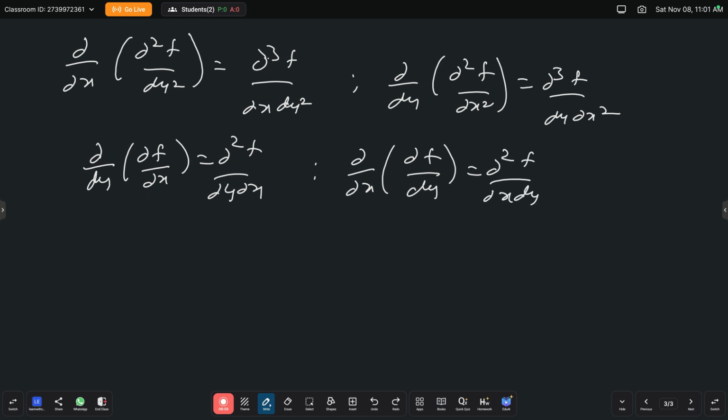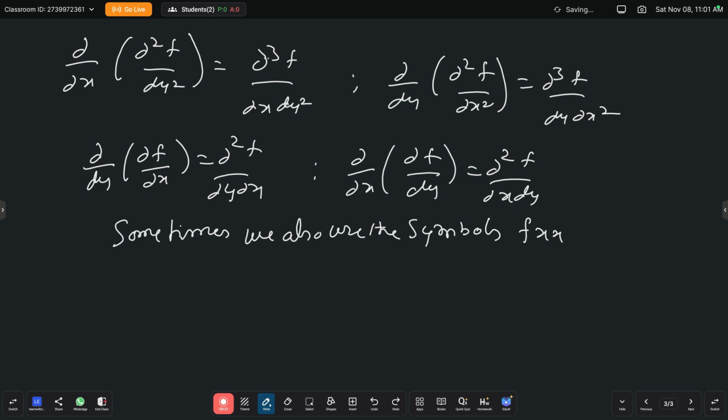So sometimes we also use the symbols f x x, that is the second order derivative for dou square f by dou x square.